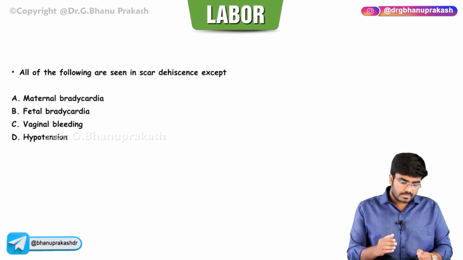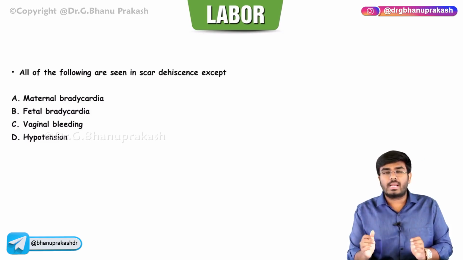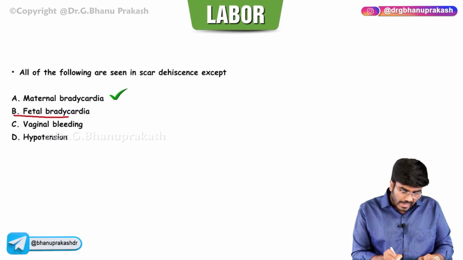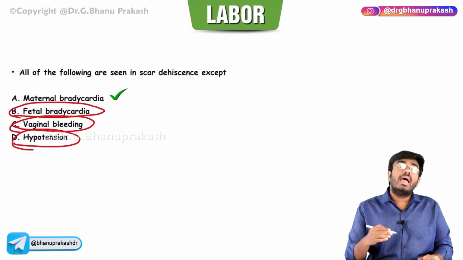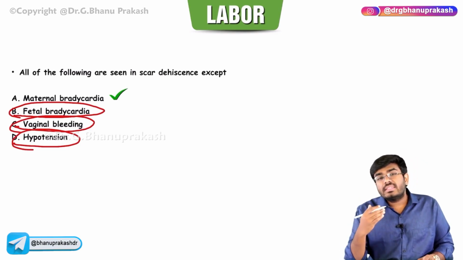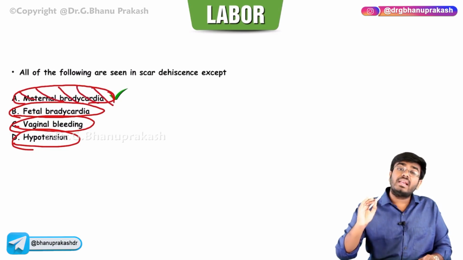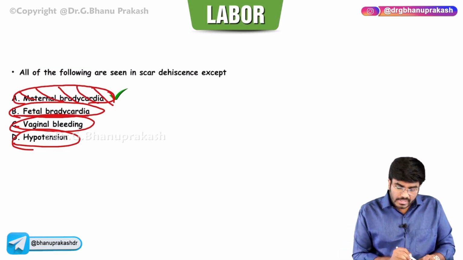What are those features? Scar dehiscence or impending rupture features are fetal bradycardia, vaginal bleeding, hypotension, hematuria. All these are seen, but not maternal bradycardia. Maternal tachycardia is seen, but fetal bradycardia is seen.